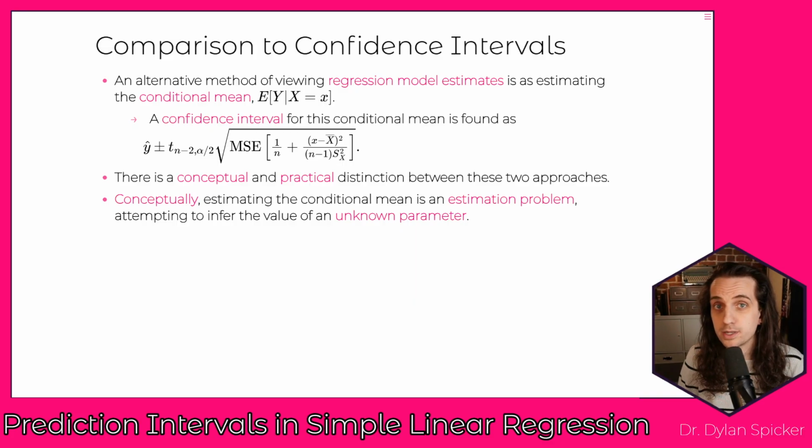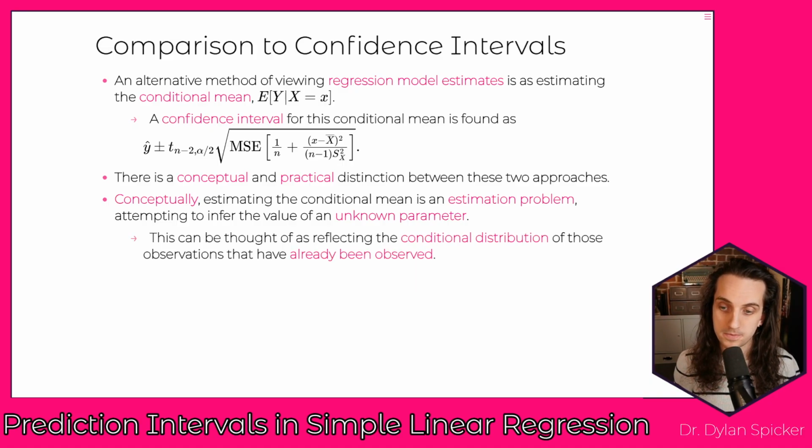It's going to turn out that we can be a little bit more certain about what the mean of that distribution is compared to our prediction problem, which is saying, if we have one specific individual who takes on a specific value, what is the value that they're going to have for their outcome? In our estimation problem, we're reflecting the conditional distribution of the observations that have already been observed.